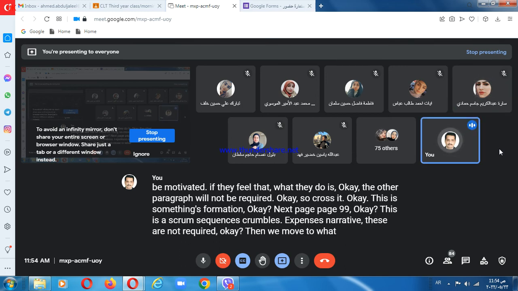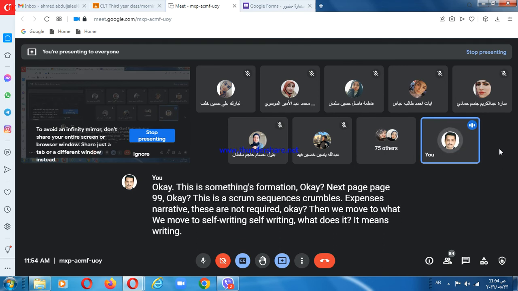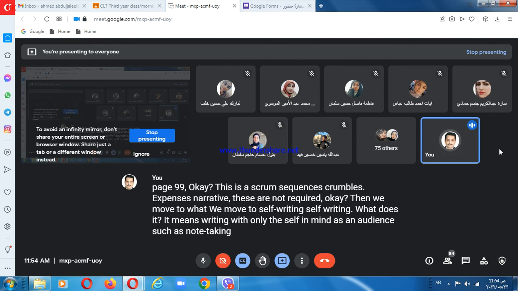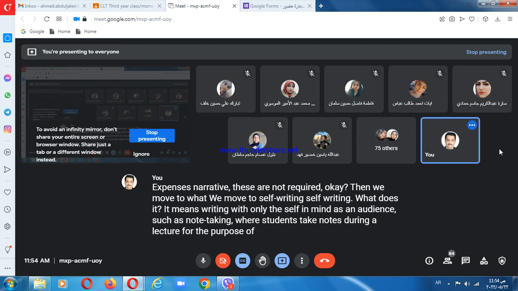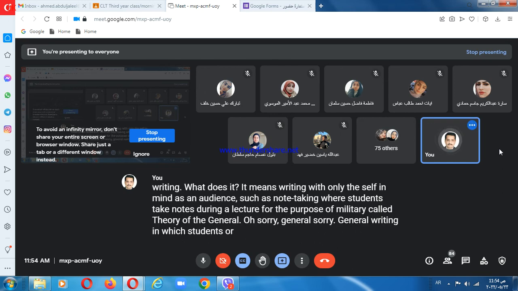We move to self-writing. Self-writing, what does it mean? It means writing with only the self in mind as an audience, such as note-taking, where students take notes during a lecture for the purpose of later recall, or diary or journal writing in which students record thoughts, feelings, and reactions.